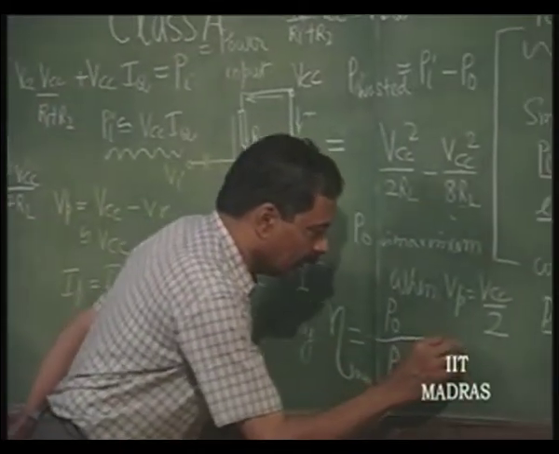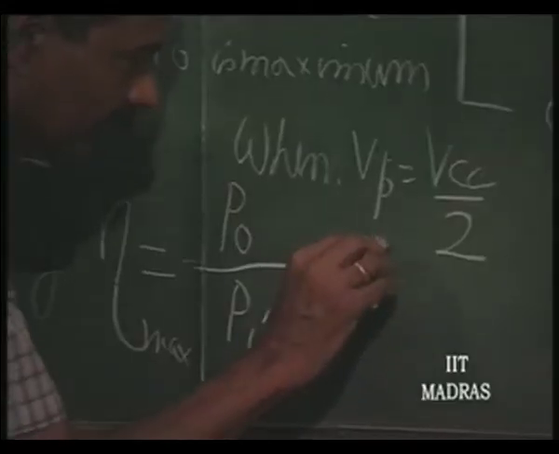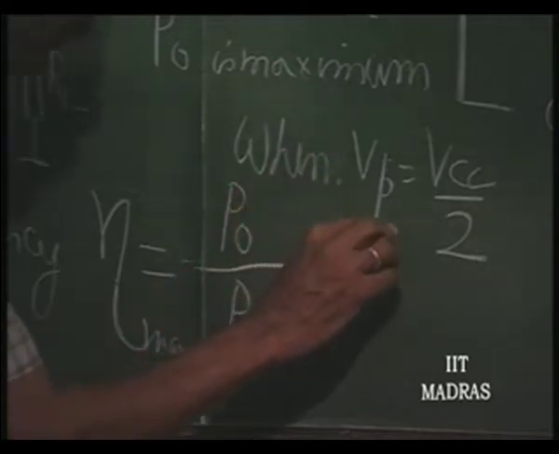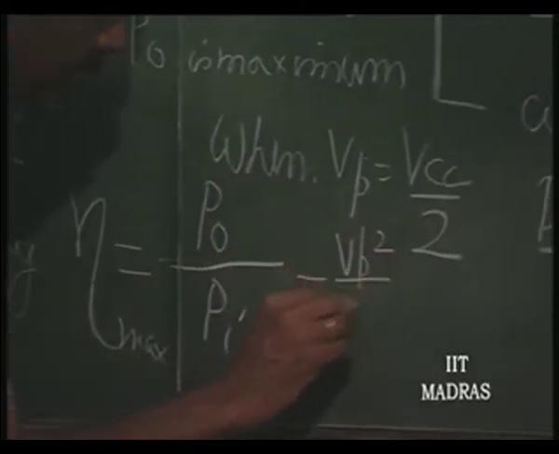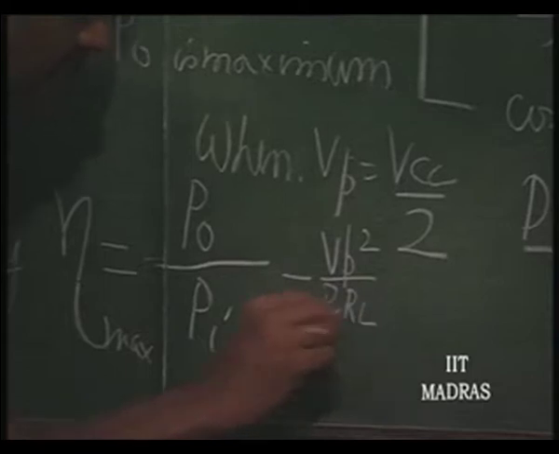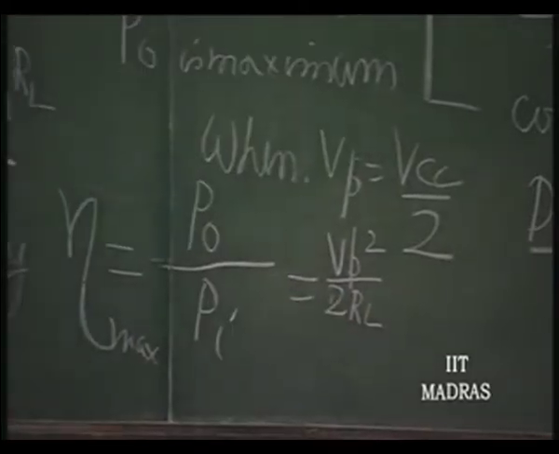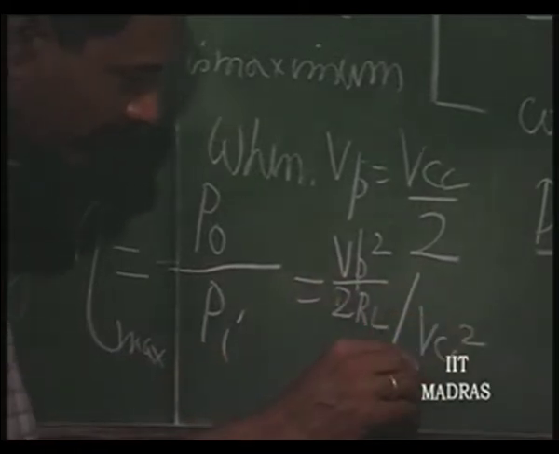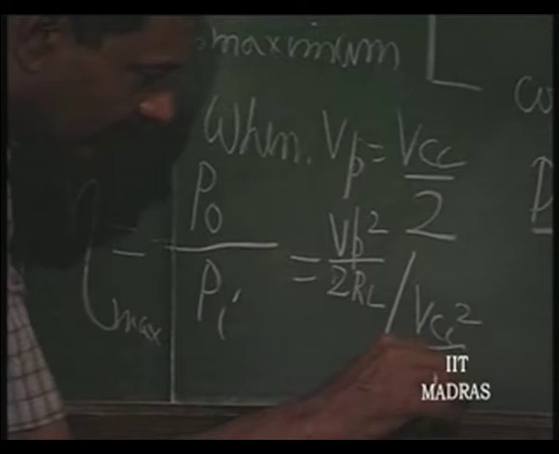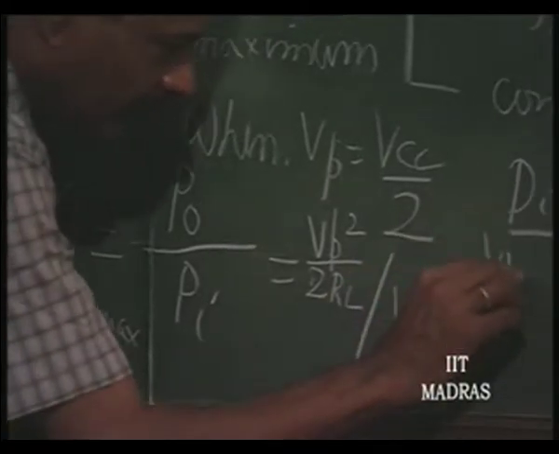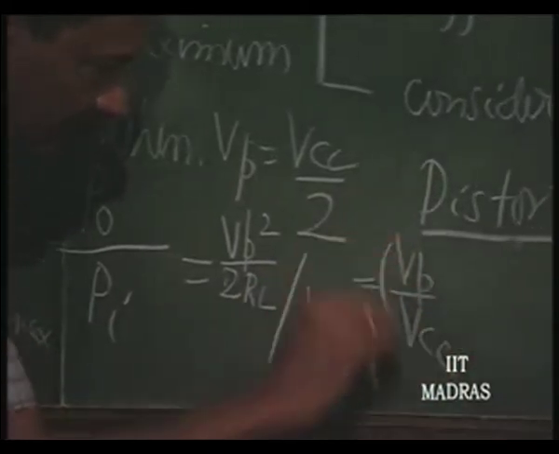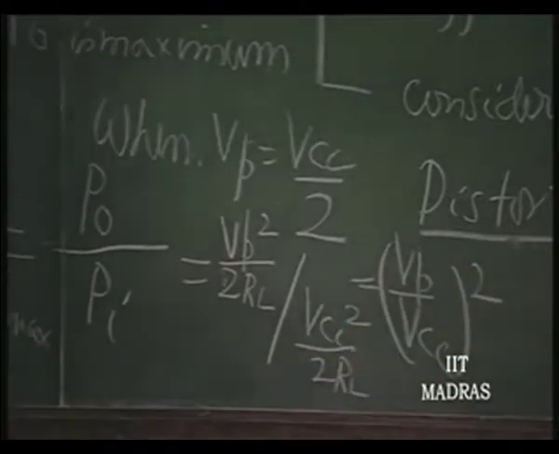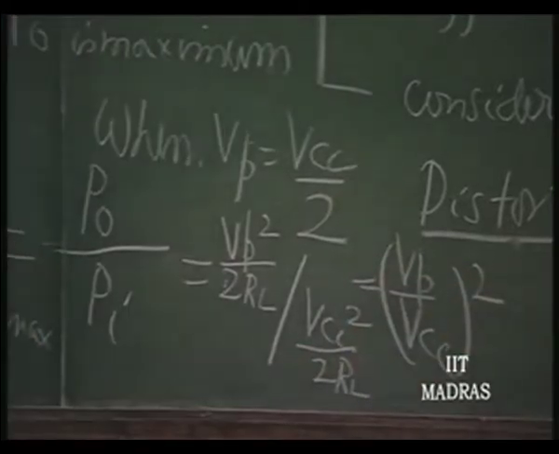So, generally this is Vp squared divided by 2 RL, divided by Vcc squared divided by 2 RL, or Vp by Vcc, whole squared.